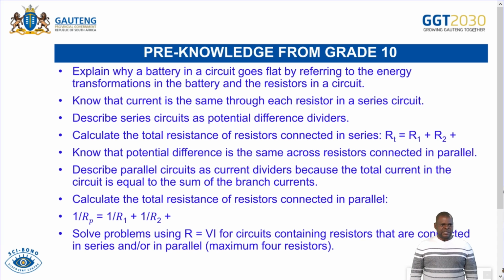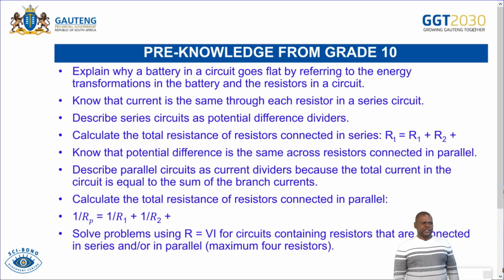Describe the parallel circuit as a current divider because the total current in the circuit is equal to the sum of the branched currents. Calculate the total resistance of resistors connected in parallel as 1 over Rp is equal to 1 over R1 plus 1 over R2.